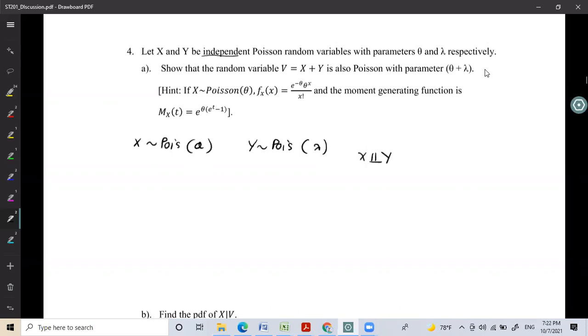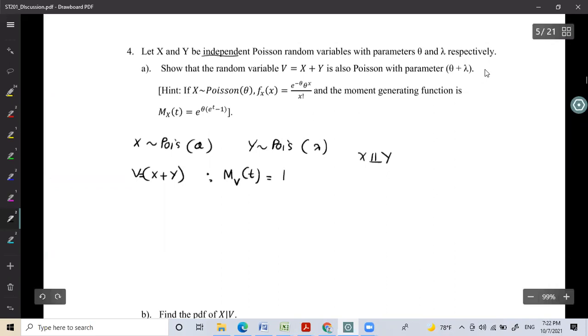Okay, so let's write down, now what do you know when you have two independent variables? Your V equals X plus Y. And if you want to find the moment generating function of V, how can you do that? When X and Y are independent, this will be what? The product of M_X(t) and M_Y(t). Okay, so that is a theorem that we know from the properties of moment generating functions.